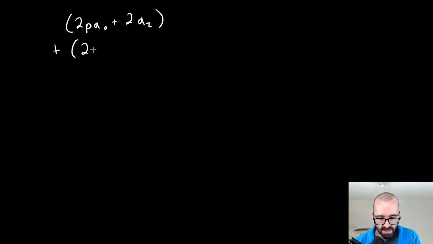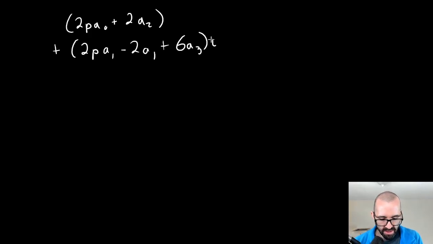We're going to get 2pa naught plus 2a2 plus 2pa1 minus 2a1. Wait, actually, that might be a typo.